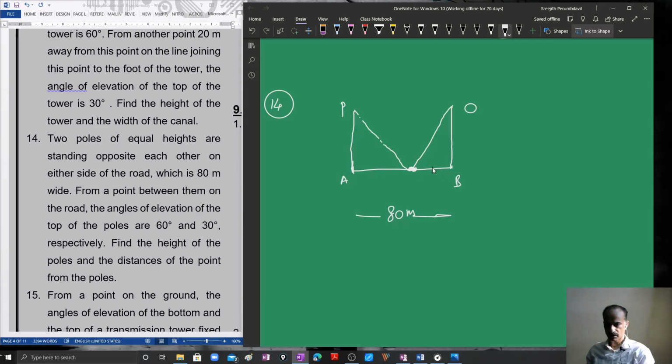This is 60, this is 30 degree. Find the height of the poles and the distance of the point from the poles. That is, you have to find the height as well as this distance and this distance.